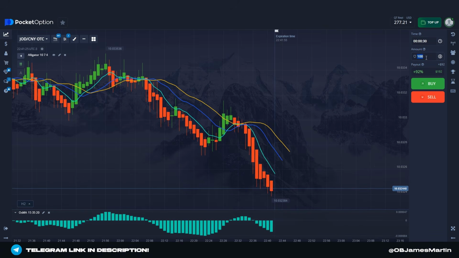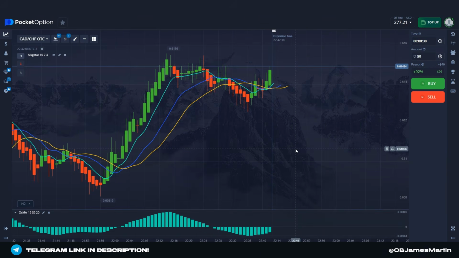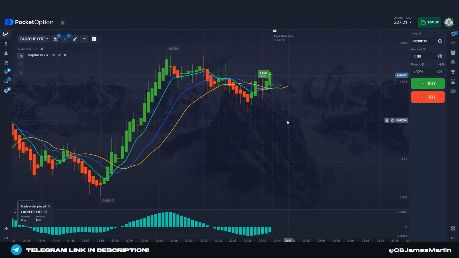Now I want to show you how not to do this, okay? Look at this, guys. Now the signal looks bad, okay? I ignored all the secrets and rules, but I opened a trade here. I think it'll be a losing signal, but maybe I'll be lucky and it will be a profit.